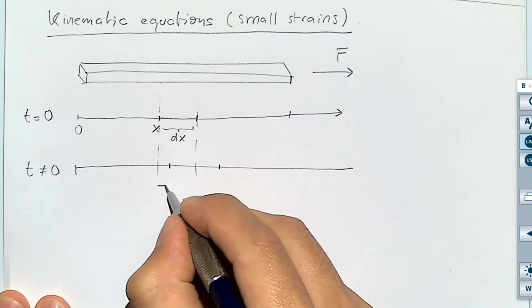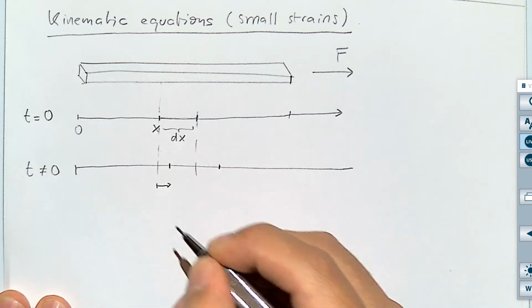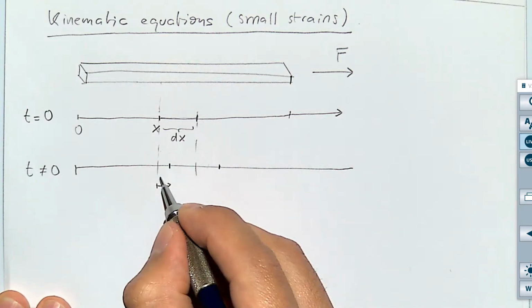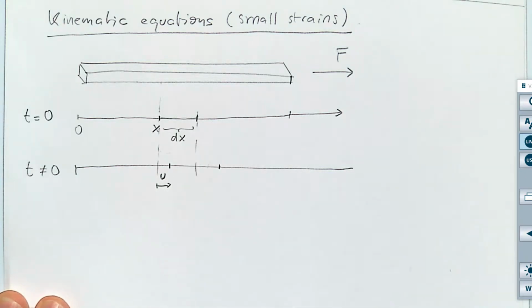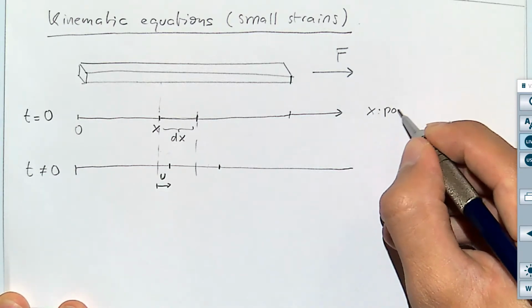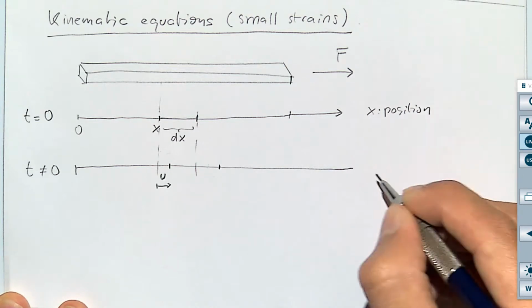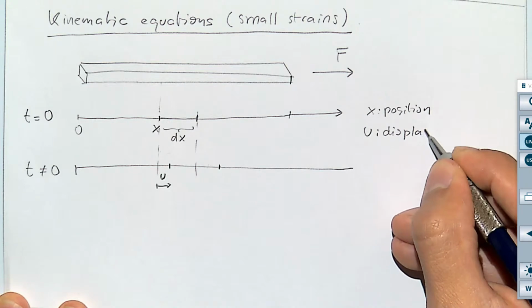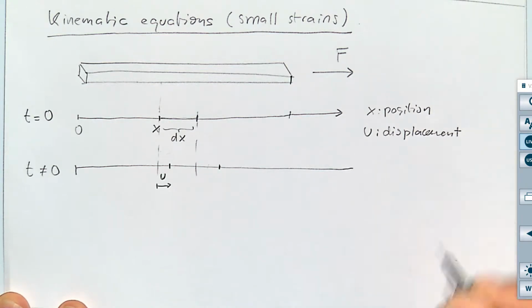All right, first we're going to say that the first point moves a quantity u, where u is a displacement. x is a position, u is a displacement.